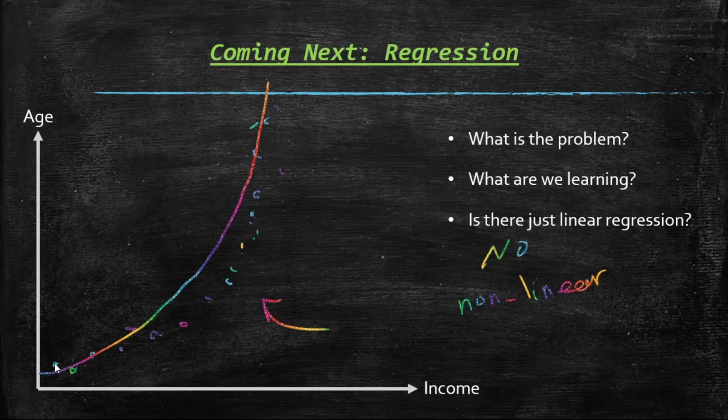If I ask you, what is the best line that would go through these data points? How can you describe a line? By its slope and its intercept, right?